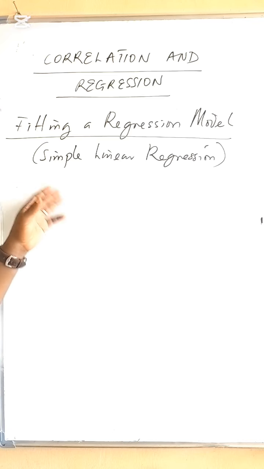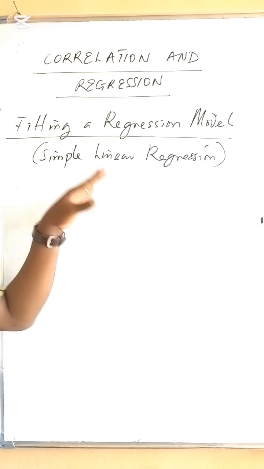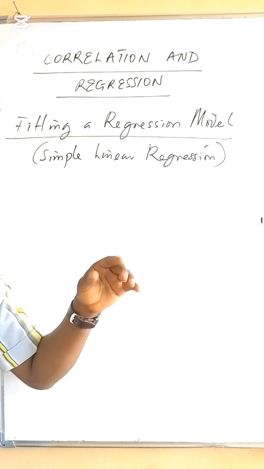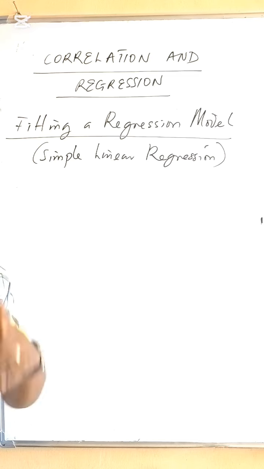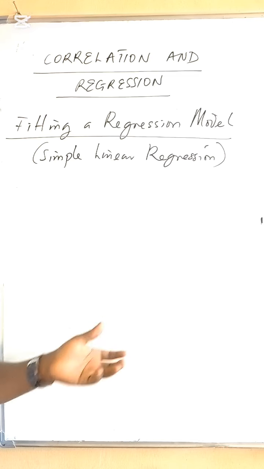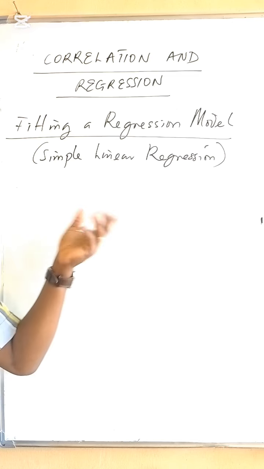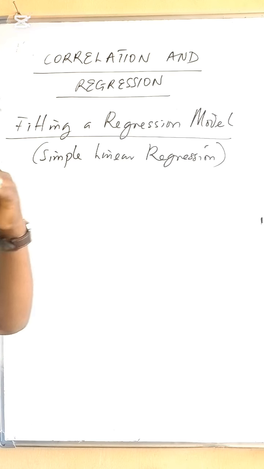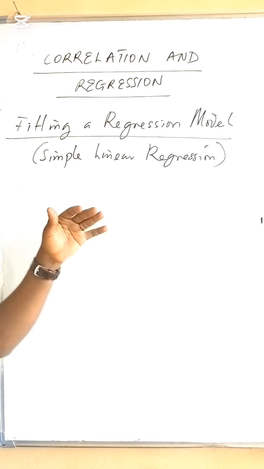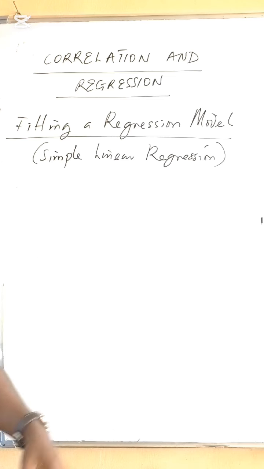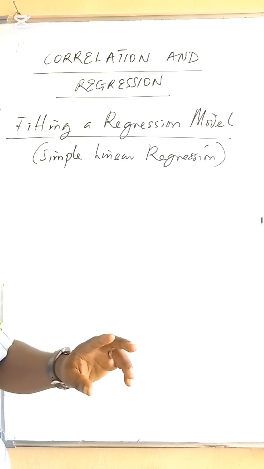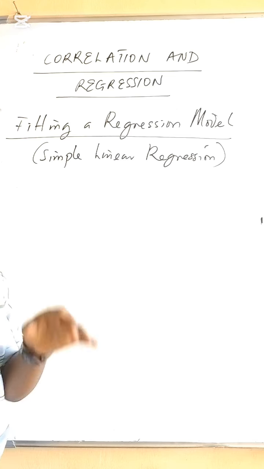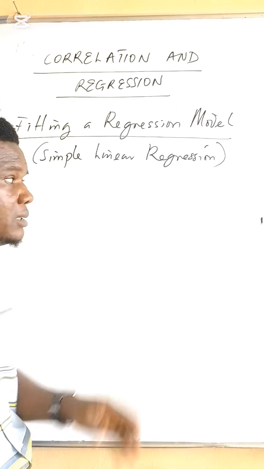It is linear because the highest power of the variables in the model we shall be developing is 1, for the response variable, the independent variable, and the parameters also. More so, it is simple because the relationship we intend to model involves just two variables, x and y. Remember, our focus is on bivariate data.